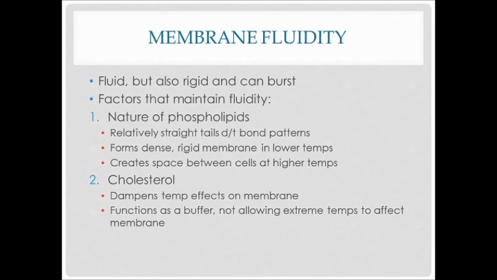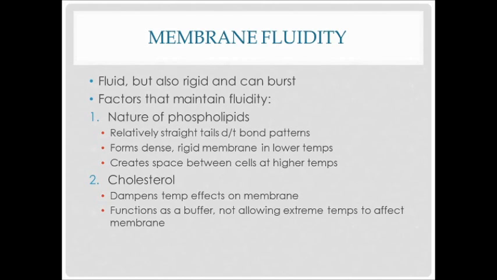So the membrane, like we said before, is both fluid and rigid. Due to this fluidity and rigidity, it can burst if under the improper conditions. So there are two main factors that maintain the fluidity of the membrane: the nature of the phospholipids and the cholesterol. With the phospholipids, it's mostly the bond patterns that's going to help maintain that fluidity.